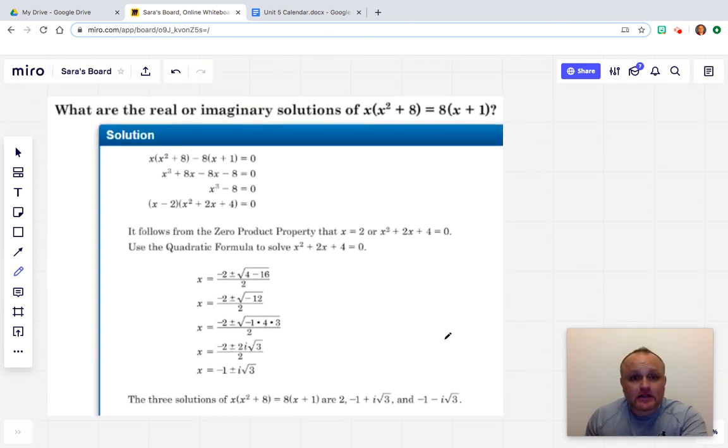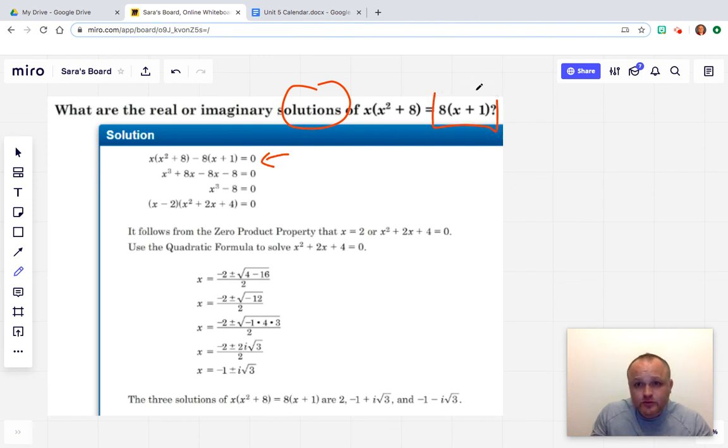Our last example problem. What are the real or imaginary solutions of this thing here? There's a lot going on there. So this says I need to set it equal to something and solve for x. Well, we've been setting it equal to 0 with quadratics and all these polynomials, and we're going to continue to do that.